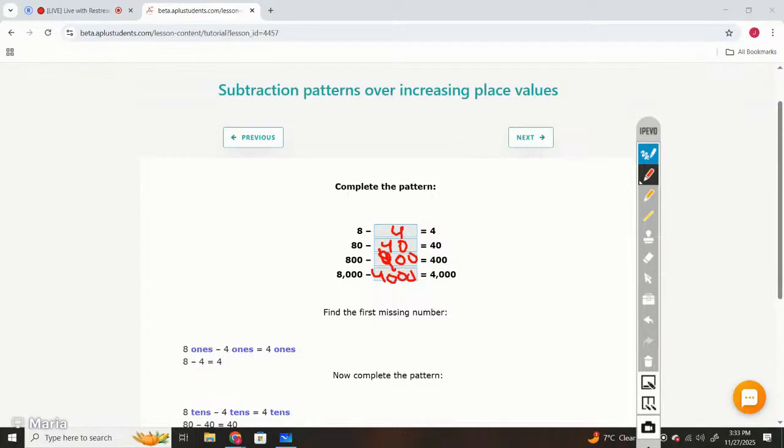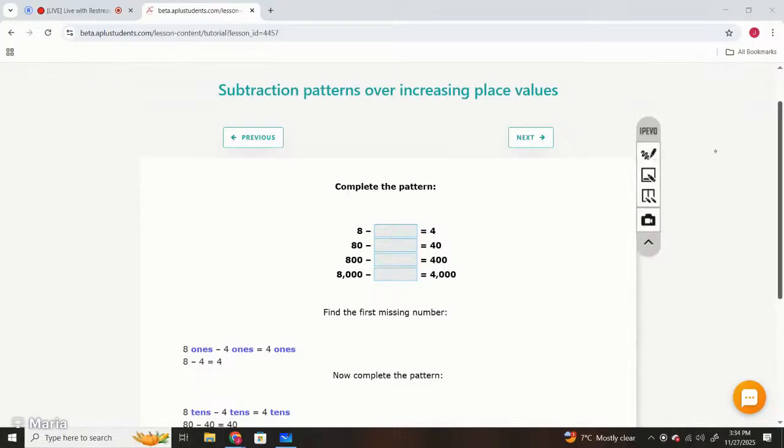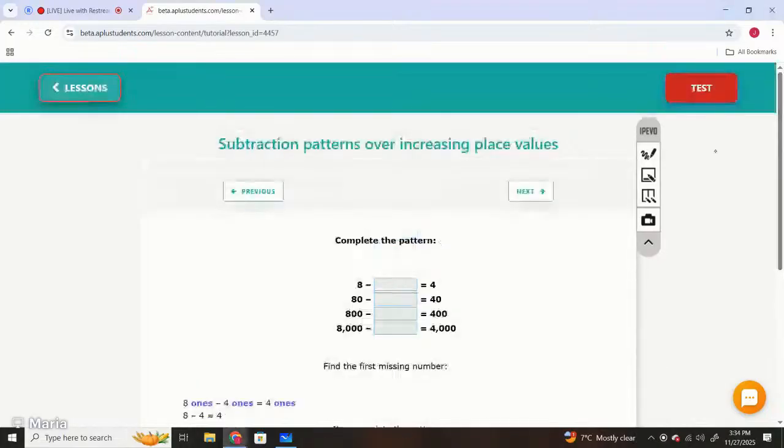So the correct option is 440, 400 and 4000. Okay, let's just start with the test questions.